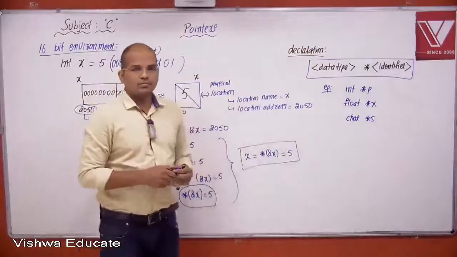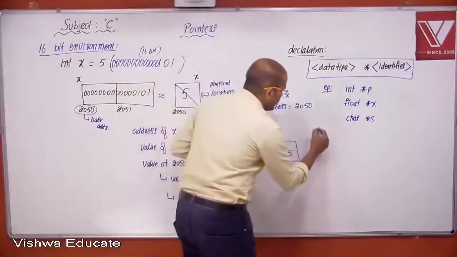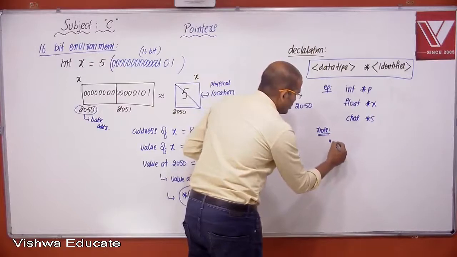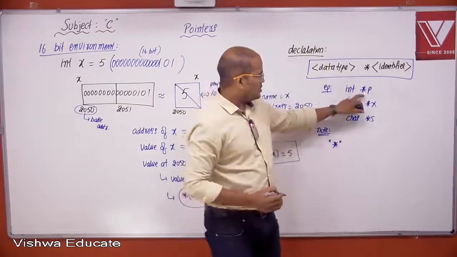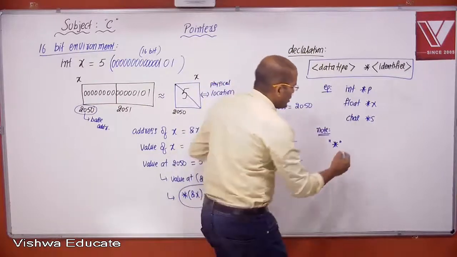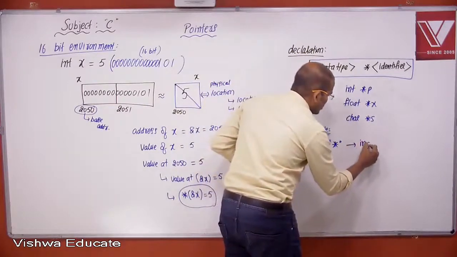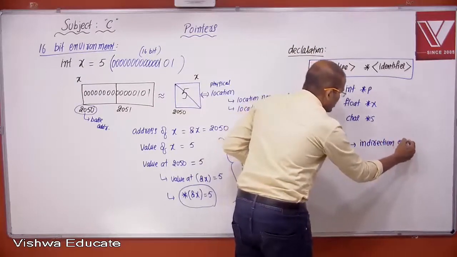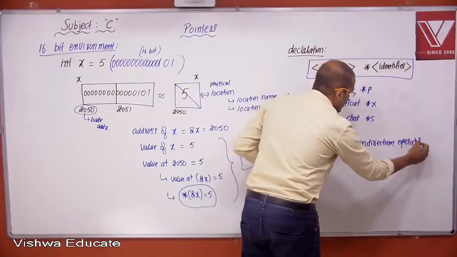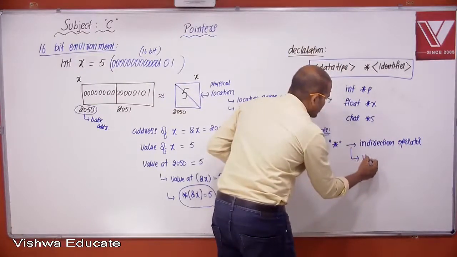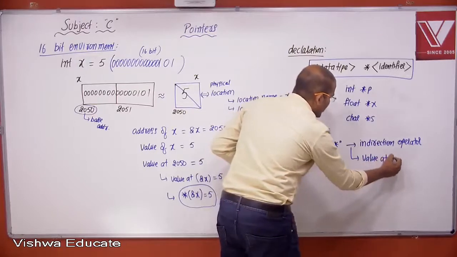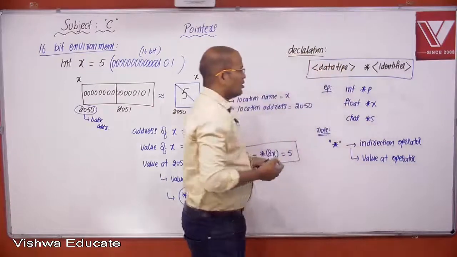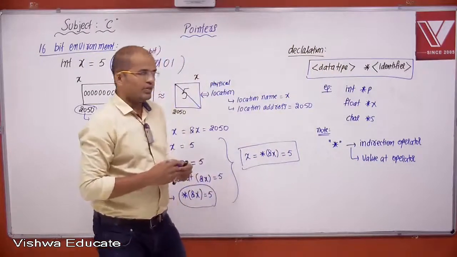Done copying that? And note this point: this symbol asterisk is called the indirection operator, or also called the value at operator.